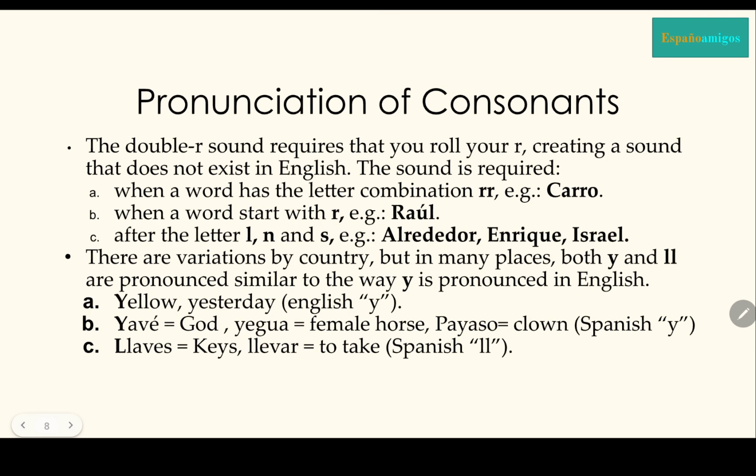Pronunciation of consonants. The double R sound requires that you roll your R, creating a sound that doesn't exist in English. The sound is required when a word has the letter combination double R, for example, carro. When a word starts with the R, for example, Raúl. After the letters L, N, and S, for example, alrededor, Enrique, Israel.